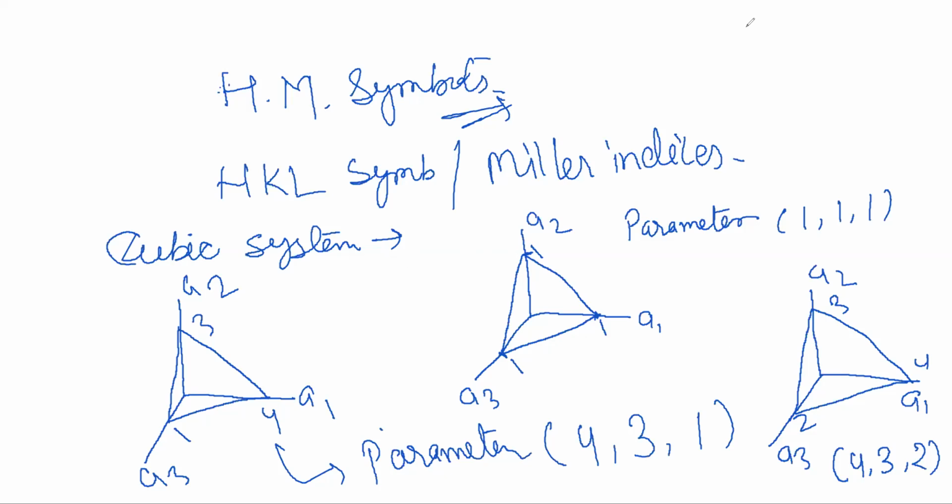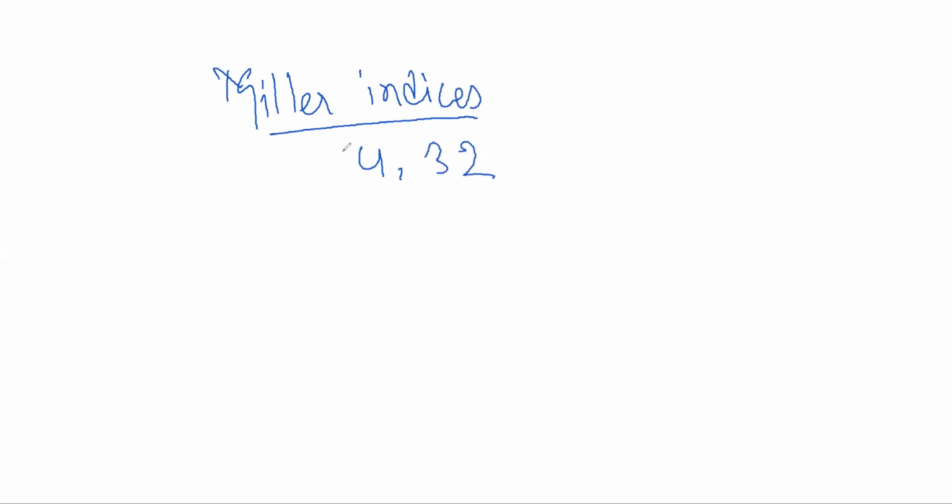So let's do it. Miller indices. Let's say parameters are 4, 3, and 2. So what will be the HKL symbol? For that, what we have to do is take the reciprocal of all these: 1 by 4, 1 by 3, 1 by 2. This is our first step. These are the parameters, and we take their reciprocals.